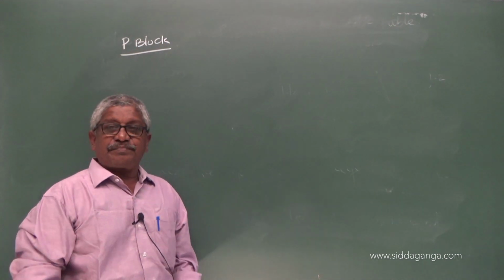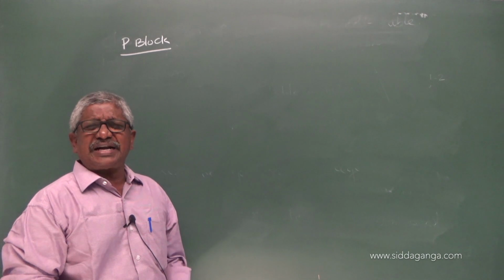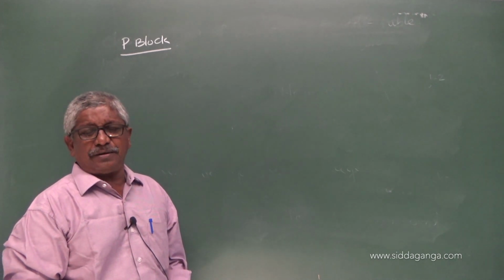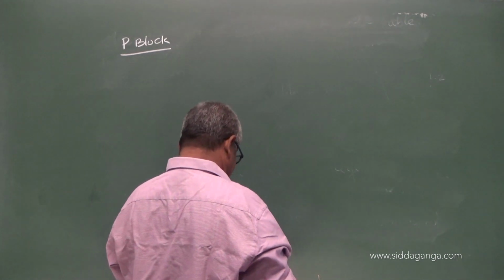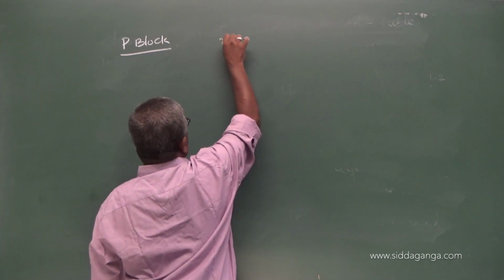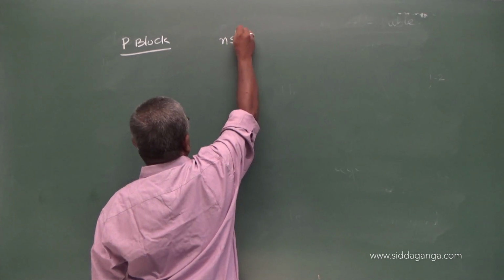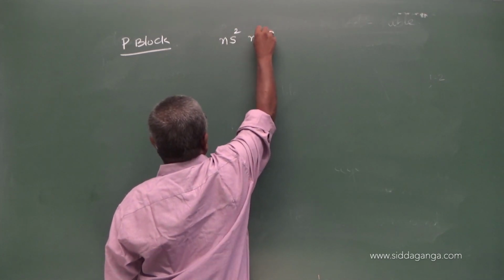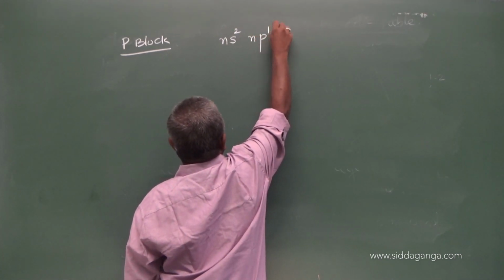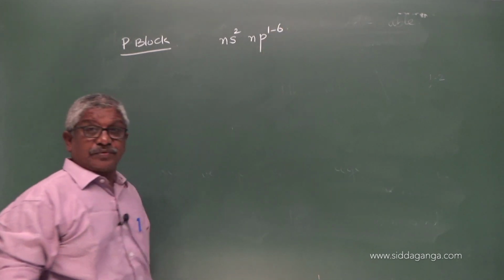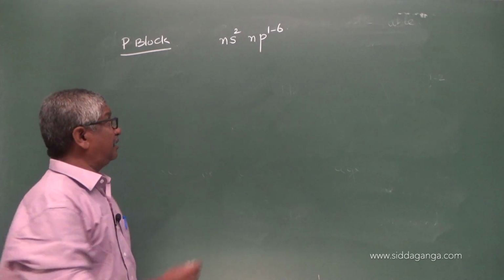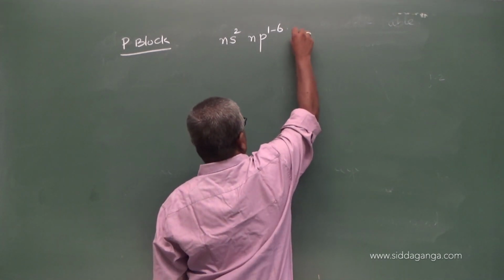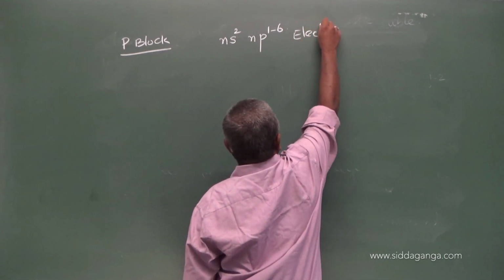P block is available at the extreme right of the periodic table. The electronic configuration for the P block is ns2 np 1 to 6. 1 to 6 means 6 groups are available for the P block.